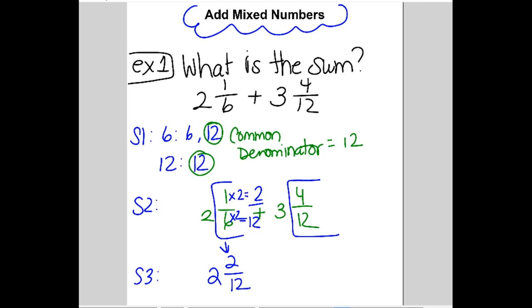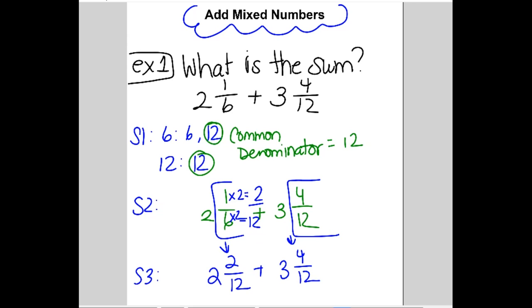Do I have to change anything about the 4/12? You're correct, we do not, because the 12 is already 12. So just bring down my plus, bring down my 3 4/12. And now I go ahead and just do my final step, which is adding the new fractions.